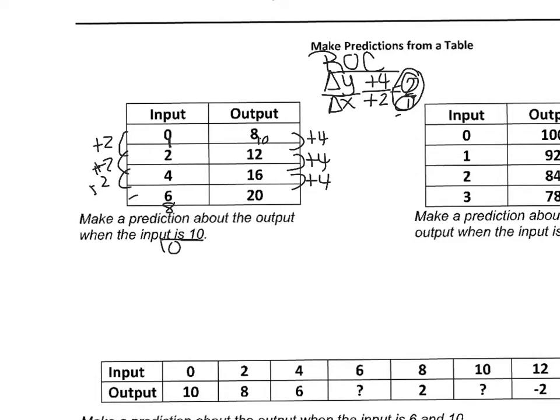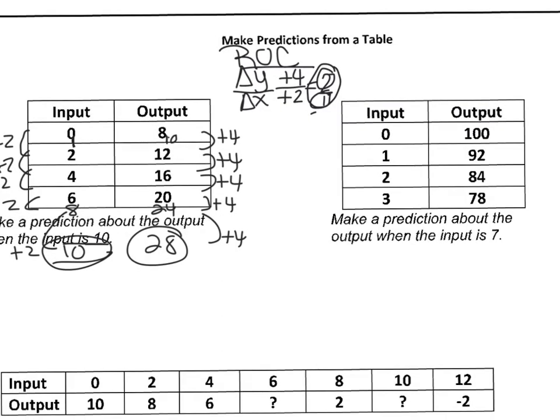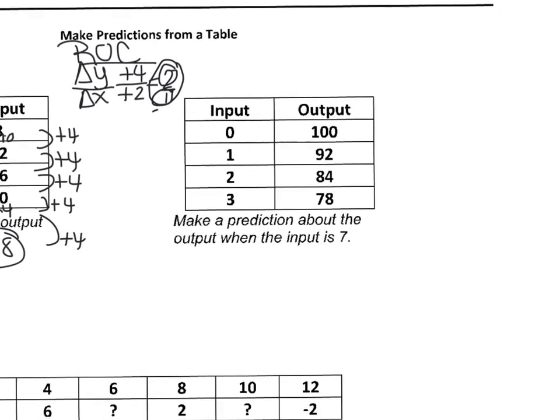So if we went up 2 here, it went up 4 here, right? So 20 plus 4 is 24. And if I go up another 2, then I'm going to go up another 4. So this would be 28. So if my input is 10, my output is 28. Okay? And that's linear, right?